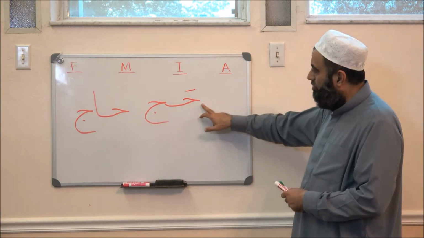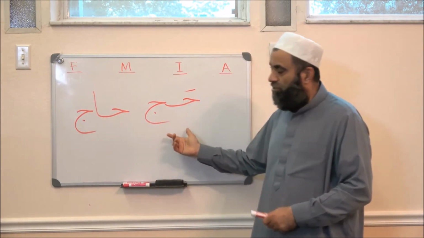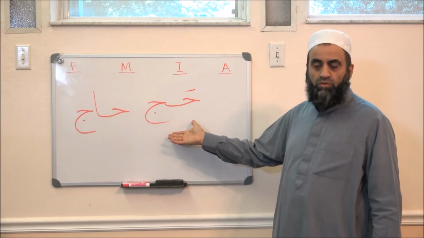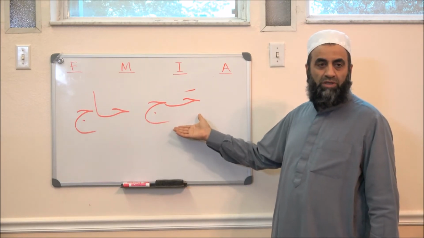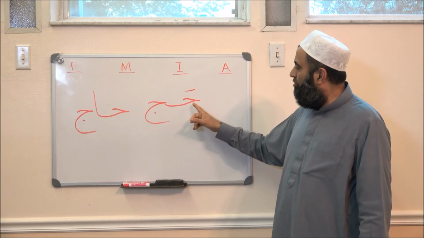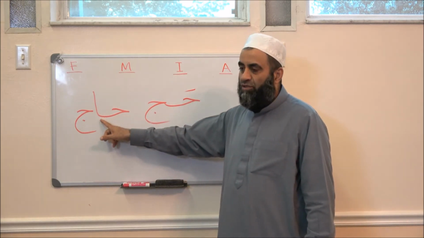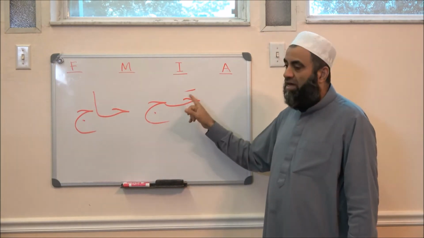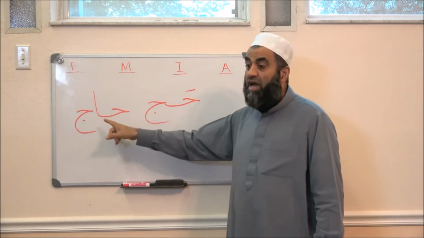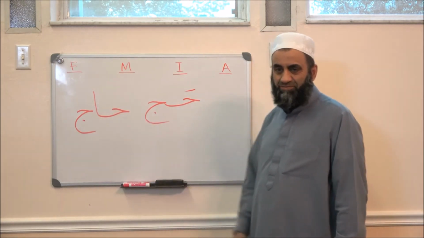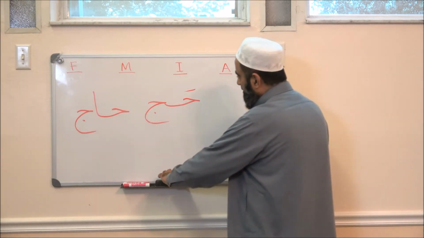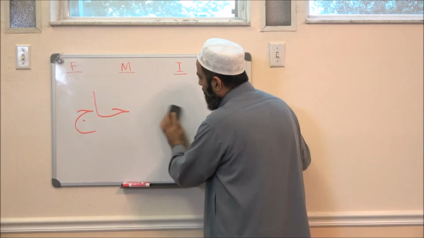Okay, Hajj, Hajj. And these are two very good words to illustrate in our class, because this is the short vowel and this is the long vowel. Ha, Hajj. Hajj. Okay. Let's see what other words we can use.